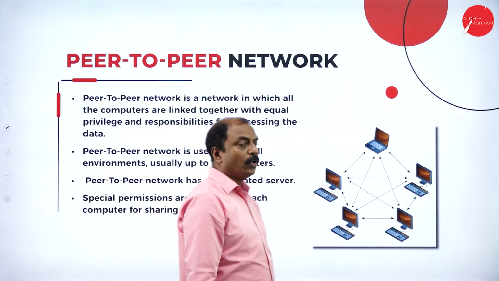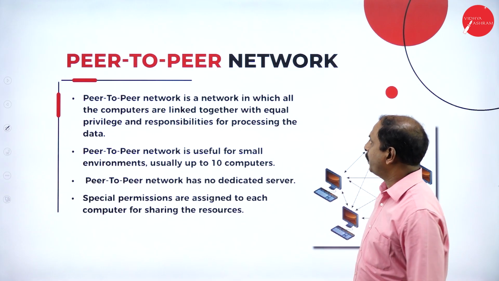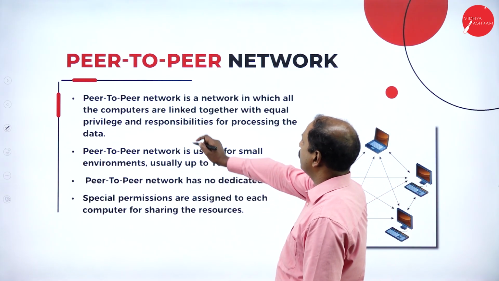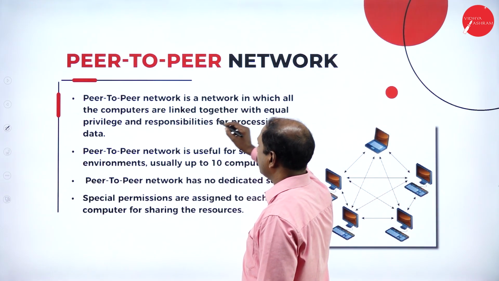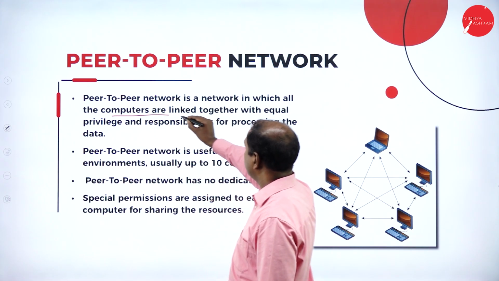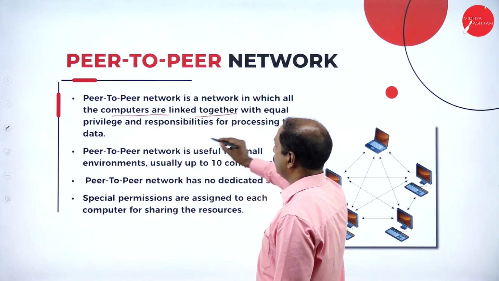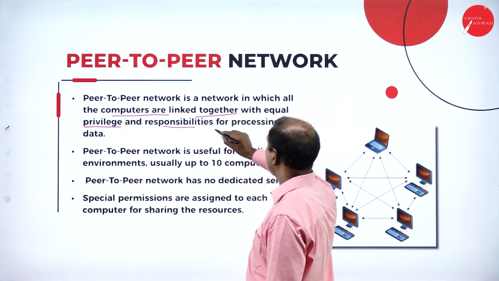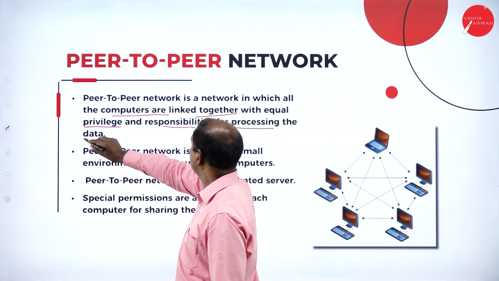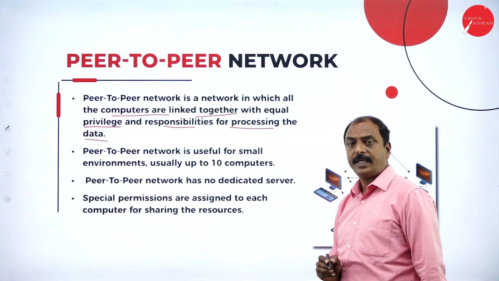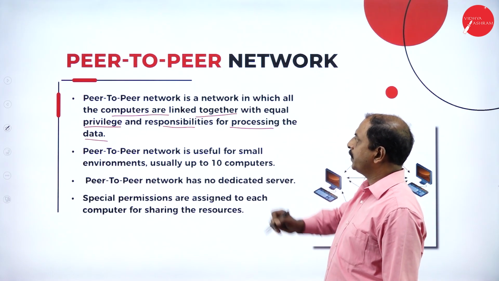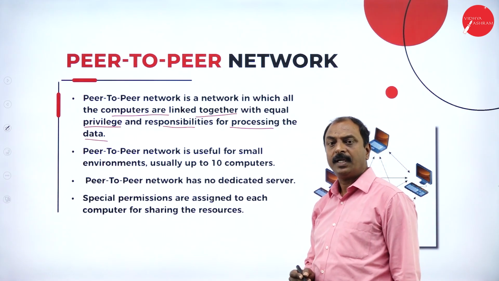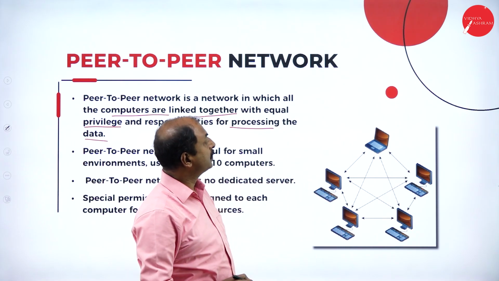Now let us see what is the definition of peer-to-peer network. So here the peer-to-peer network is a network in which all the computers are linked together with equal privileges and responsibilities for the processing of the data. So what is the meaning of peer-to-peer networking? In networking, we know that all the computers are interconnected.